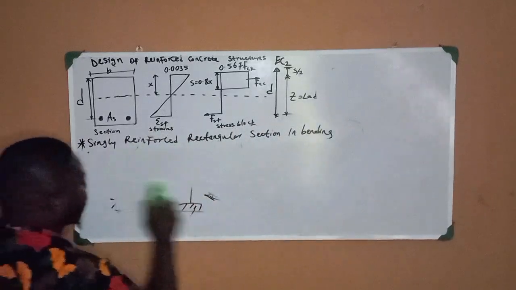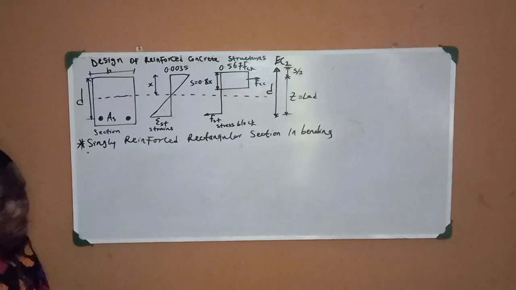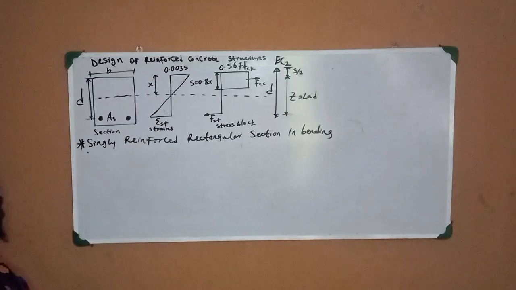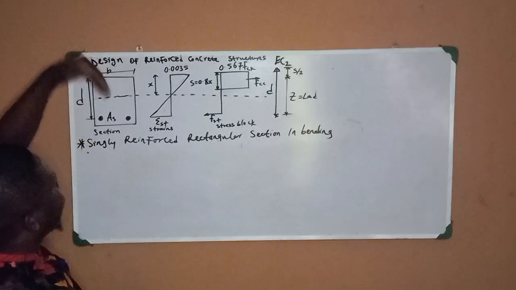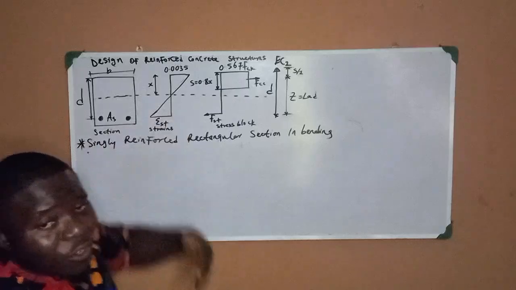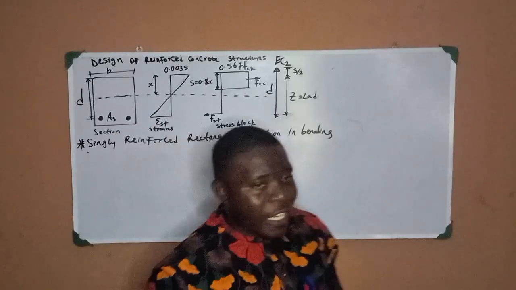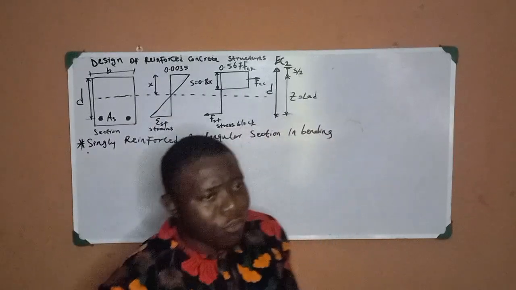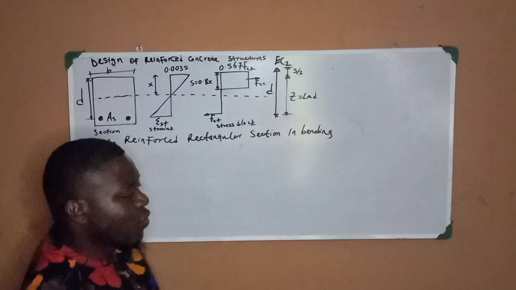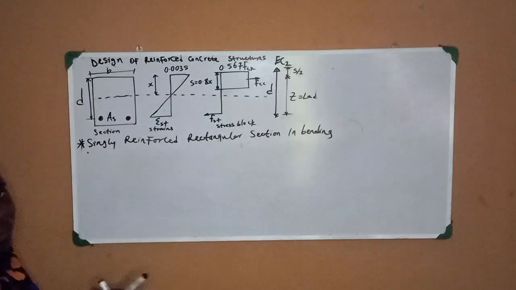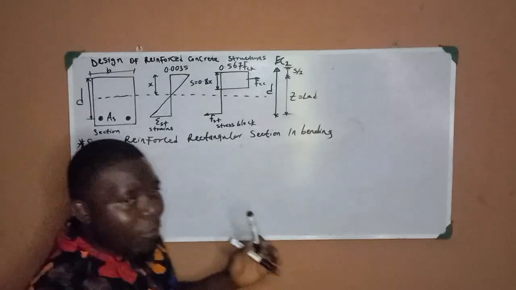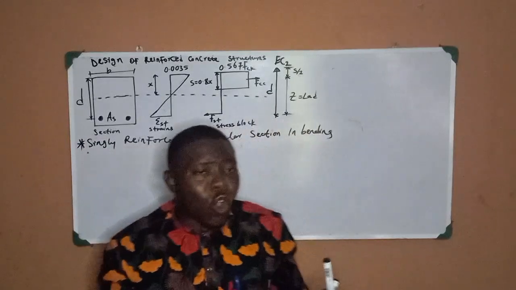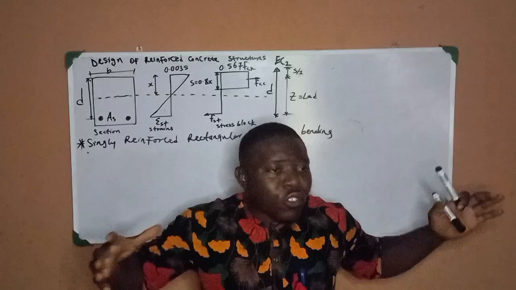Now look at what happens during that bending. There will be an equilibrium. During that very bending, the effect of the bending will give rise to a resultant force in the compression zone, and also a resultant force in the tension zone. So at equilibrium, the design moment and the ultimate moment of resistance must be equal.